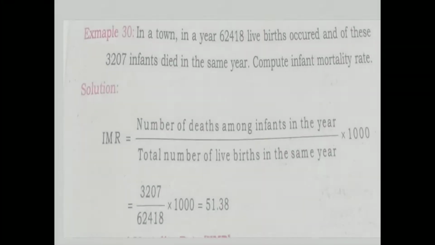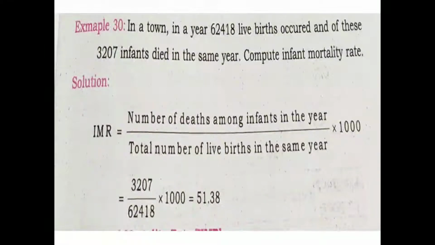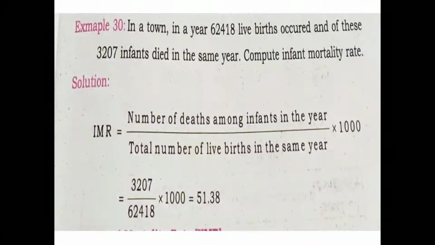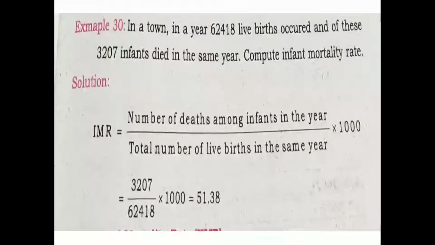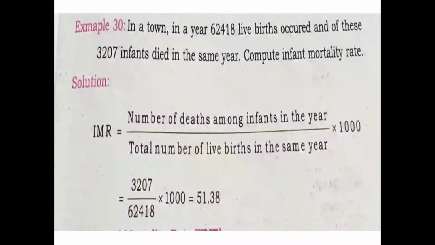Next we will move on to the example. In a town in a year, 62,418 live births occurred, and of these 3,207 infants died in the same year. Compute the infant mortality rate. First write down the formula.